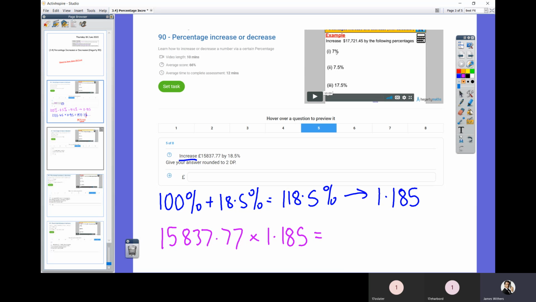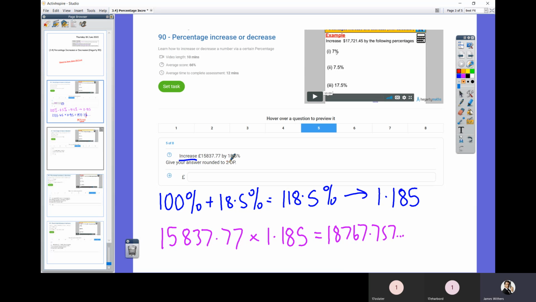So 15,837.77 multiplied by 1.185 gives us 18,767.757. That carries on. Again, 2 decimal places.